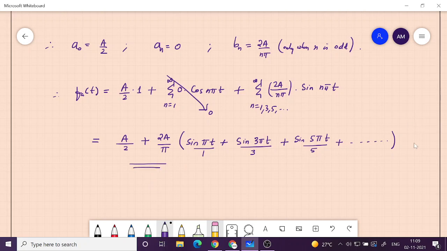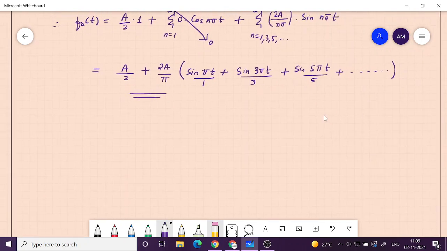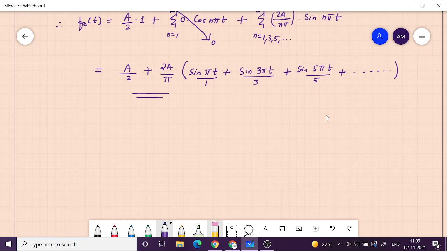Now to see whether it is a good approximation or not, we have to basically plot it. So we have to take different components and then plot it.